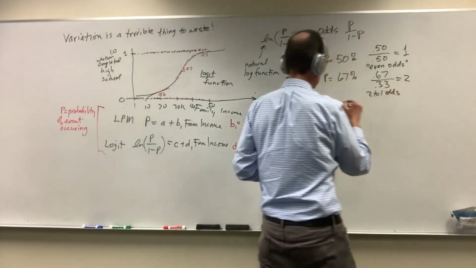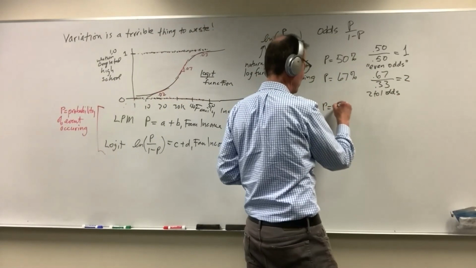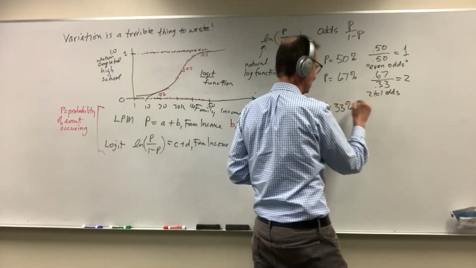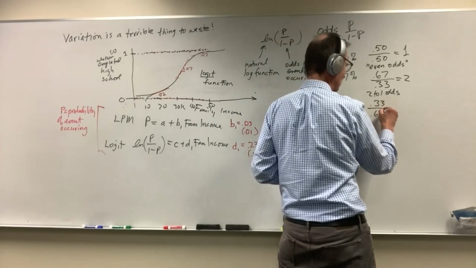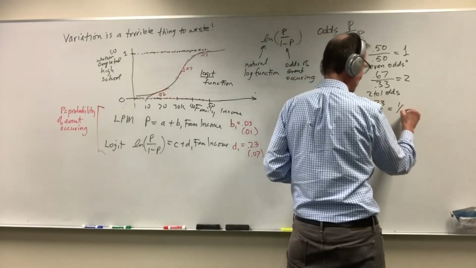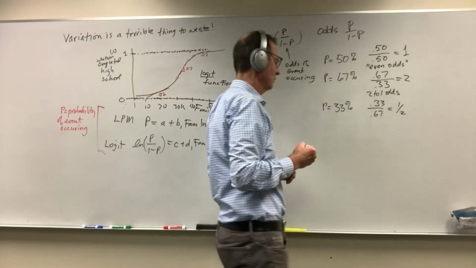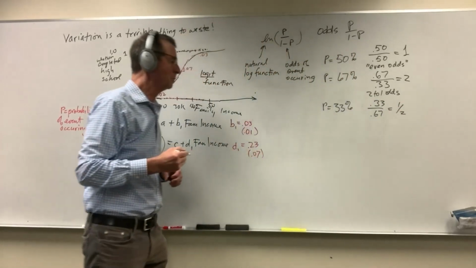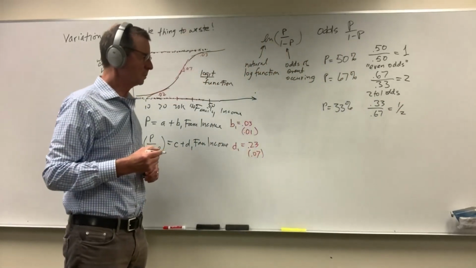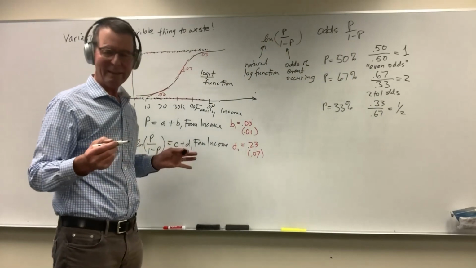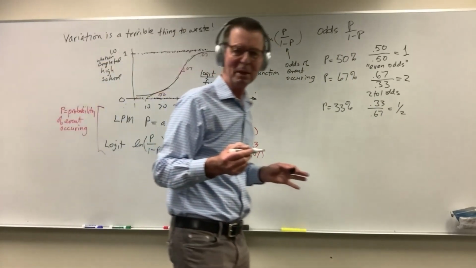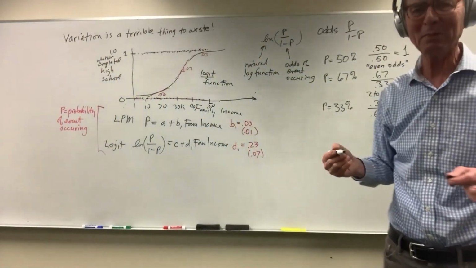If P is 33%, we've got 0.33 over 0.67, which is 1/2. So the odds are 1 to 2. So in a way, you're talking about the same thing, but not really.